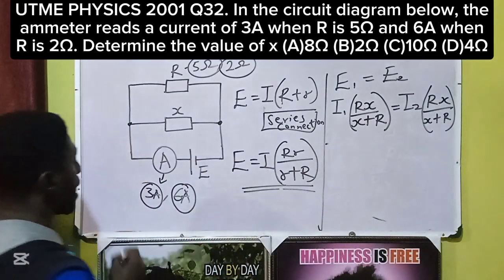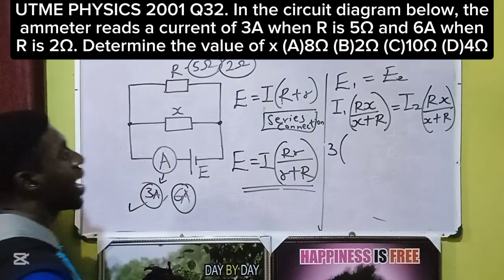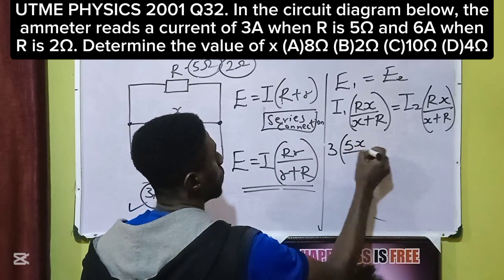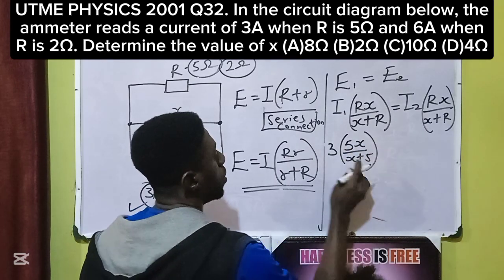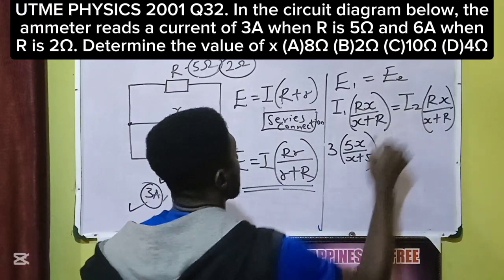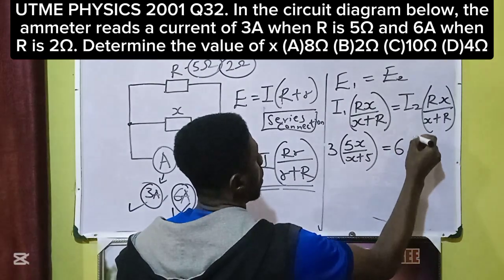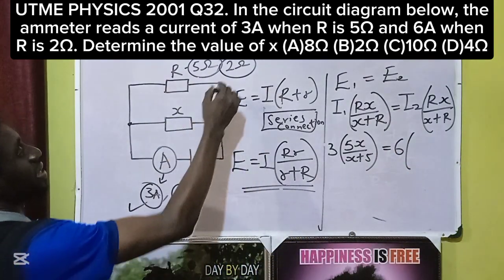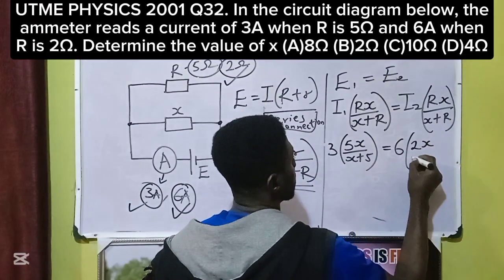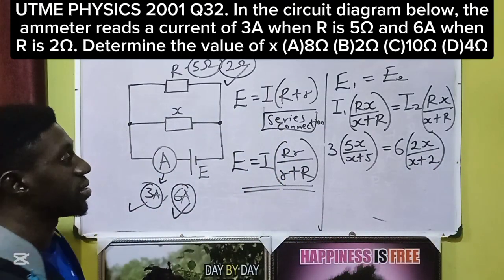So in the first experiment, our current is 3 amps. 3, open brackets, our capital R, 5 ohms, 5 times X over X plus 5. These are the first experiment. In the second experiment, our current is 6 amperes, 6, open bracket, our external resistance in the second experiment, 2 ohms, 2, X is the same in both experiments, X plus 2, which is our external resistance.